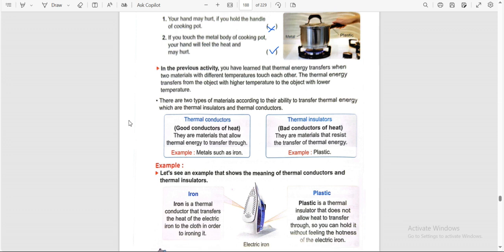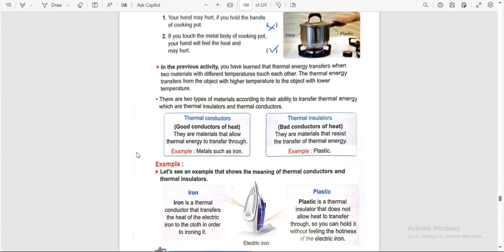The same as we saw when we were talking about electricity, we have good conductors of electricity and insulators, or electrical insulators. This is the same thing here. We have thermal conductors, which are good conductors of heat, and we have thermal insulators, which are bad conductors of heat.